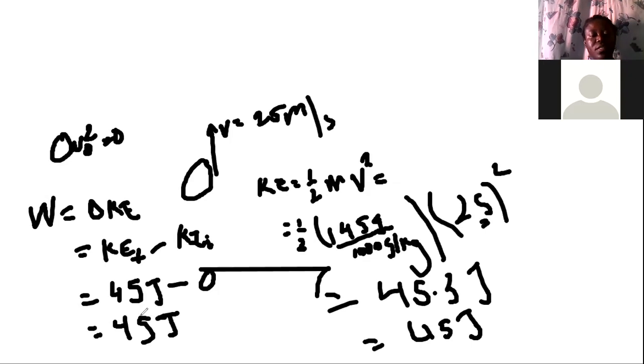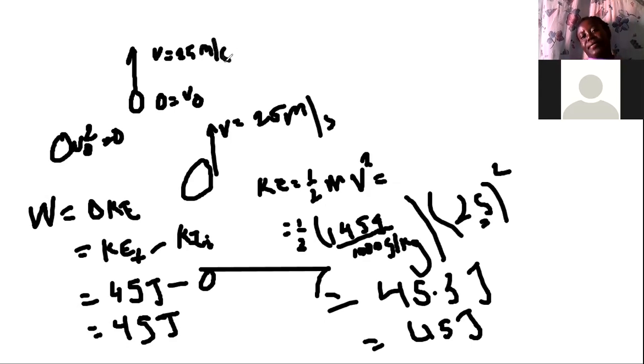You'll see that it starts with velocity 0, the initial velocity, and its speed increases to 25 meters per second, so the work done is equal to 45.